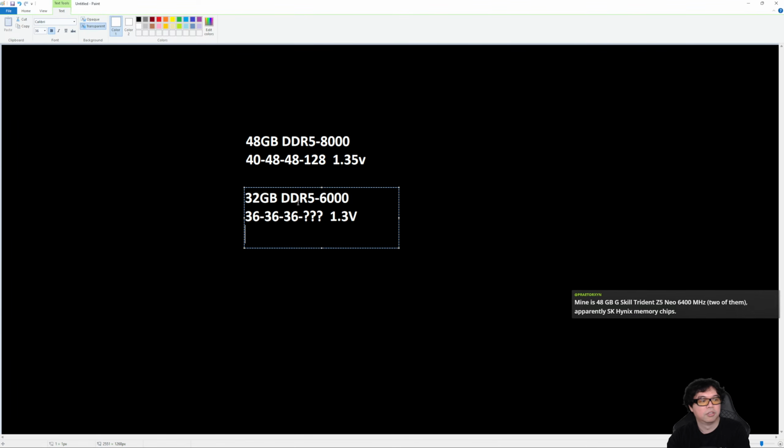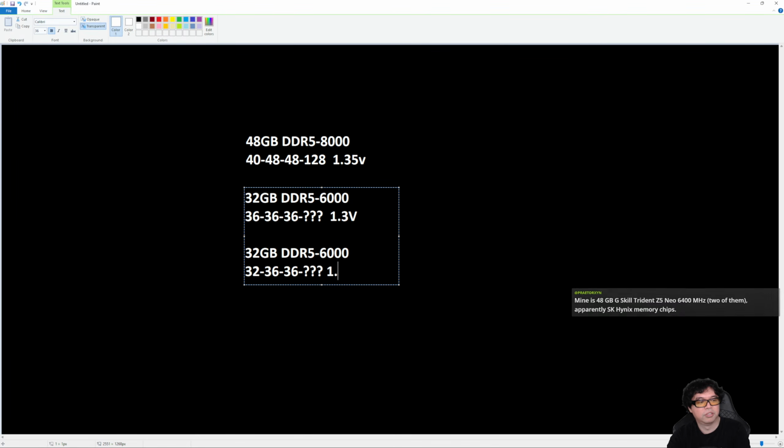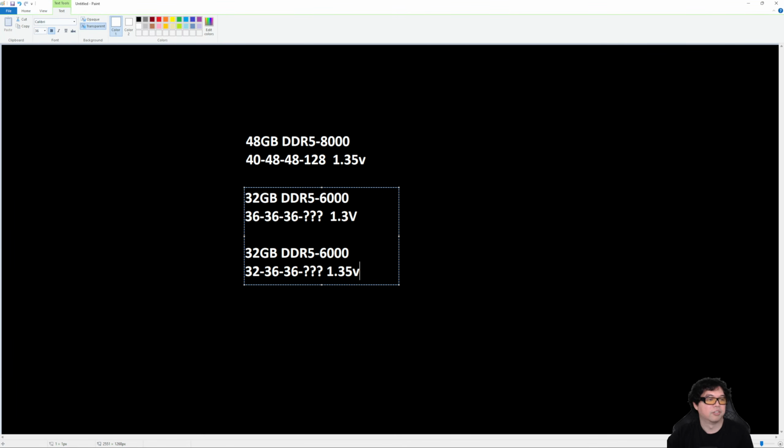Then a 32 gigabyte DDR5 6000, 30, 32, 36, 36, I don't remember, it's irrelevant, at 1.35 volts, I think.